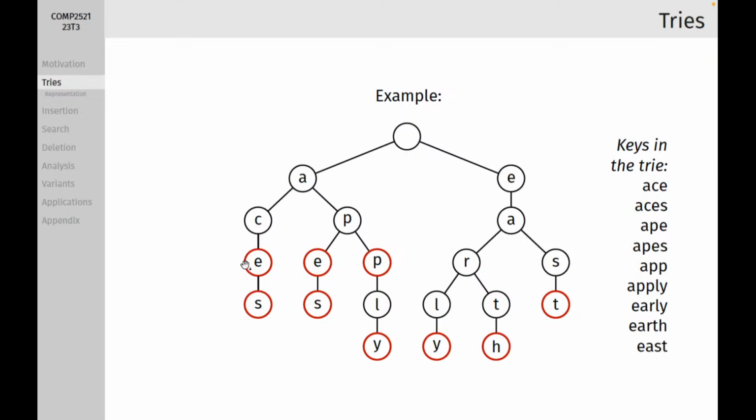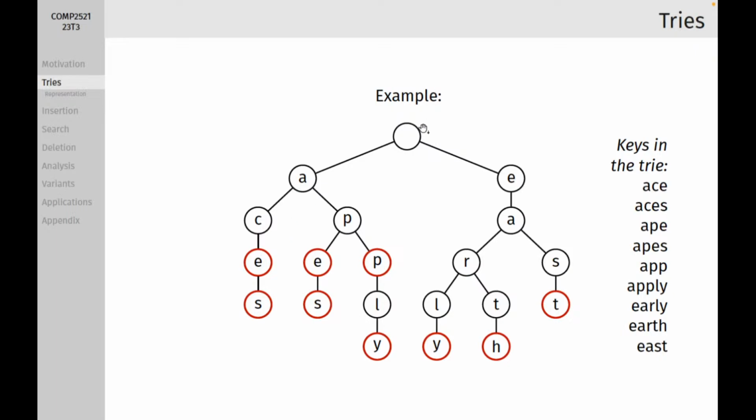Notice that some of these nodes are marked red. This means that these nodes are finishing nodes, and finishing nodes are used to mark the end of a key. For example, ace is a key that's in the trie because the node representing the last letter is marked as a finishing node.